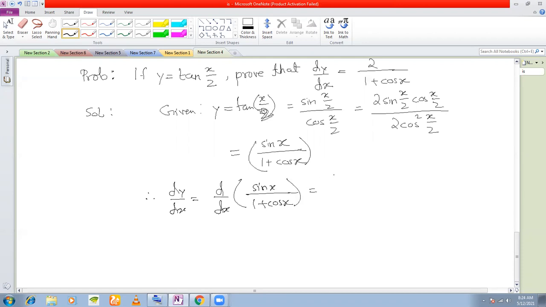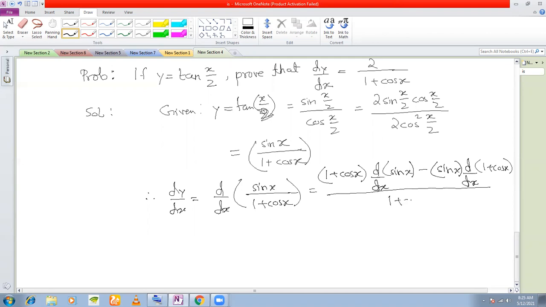So if you use the u by v rule, you will have 1 plus cos x into the ddx of sin x, minus sin x into the ddx of 1 plus cos x, divided by 1 plus cos x whole square.